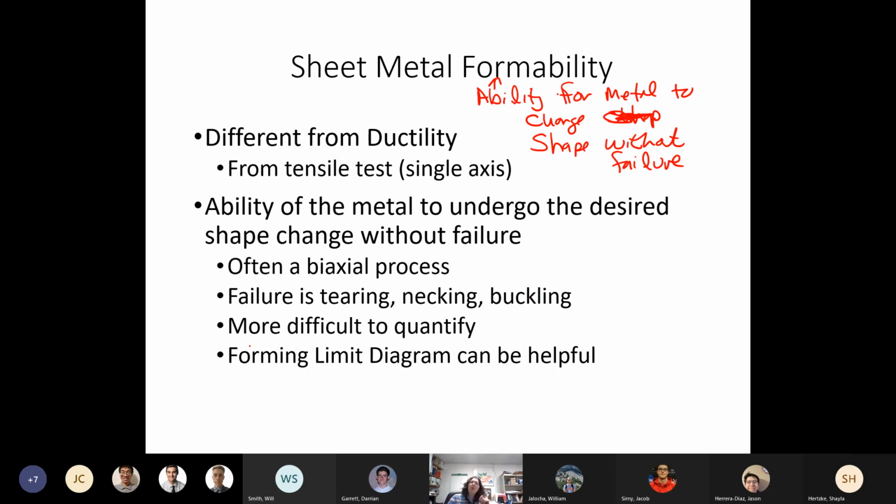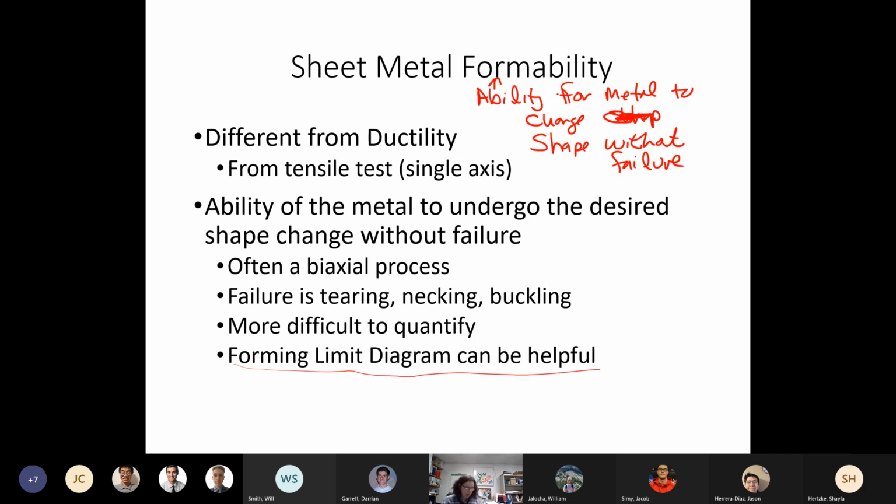It's more difficult to quantify. So I don't just have a number. I can't say the formability of this particular material is 7, well, I'd need units. But we quantify it by what we call the forming limit diagram.